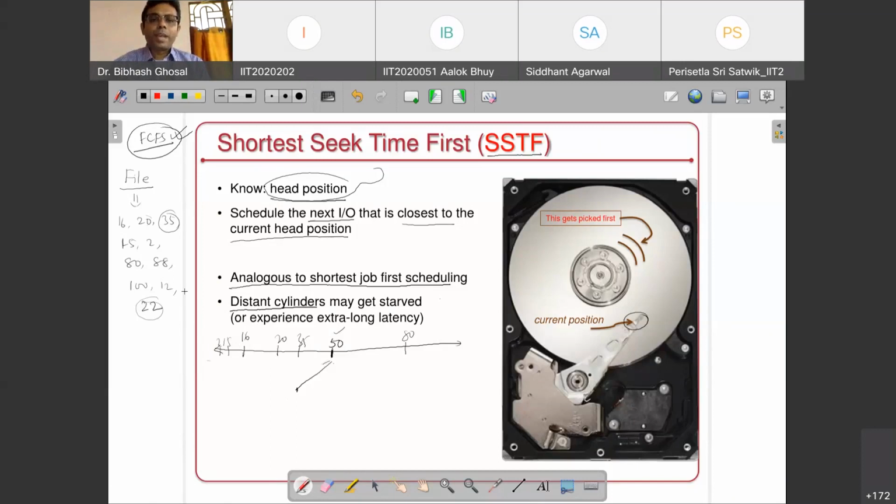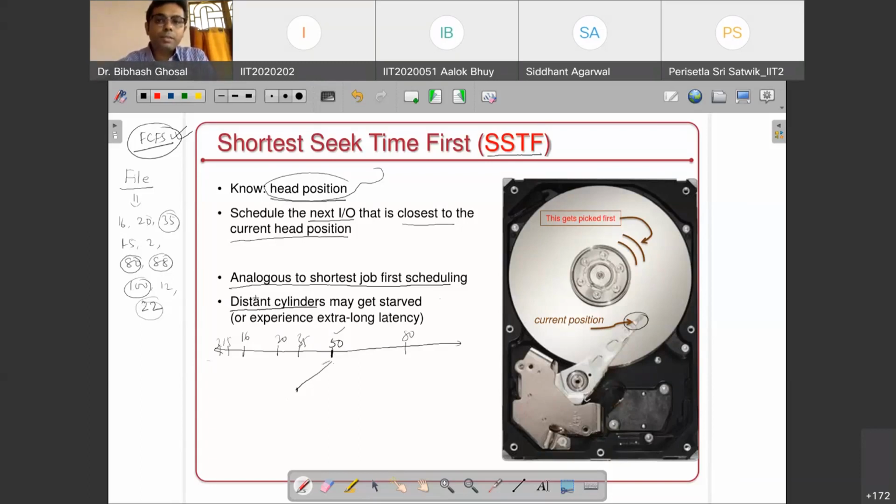And the ones which are higher, let's say 80, 88, 100, are not getting a chance because the lower cylinder numbers are frequently accessed. So the distant cylinders may not get access.